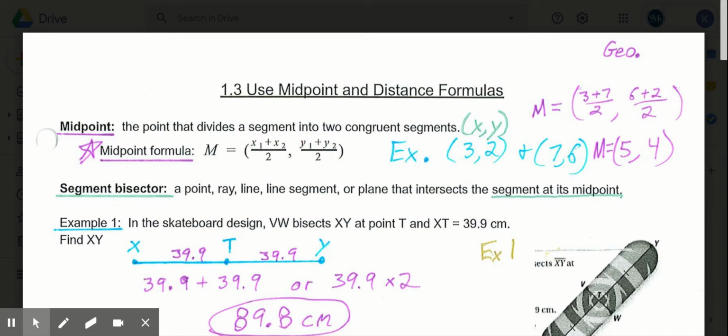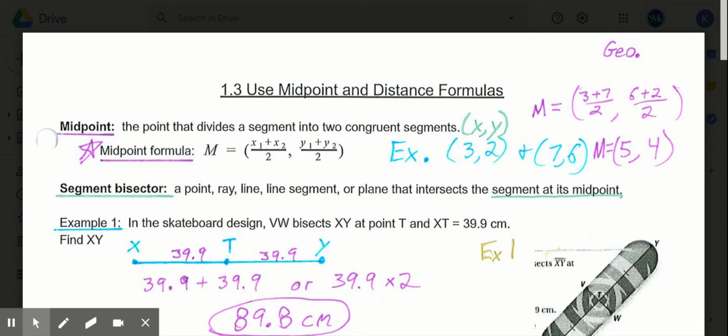The midpoint formula says the midpoint equals x sub 1 plus x sub 2 divided by 2, comma, y sub 1 plus y sub 2 divided by 2. Now remember, x sub 1 means one of our x values from one coordinate, and x sub 2 means the other x value from another coordinate.